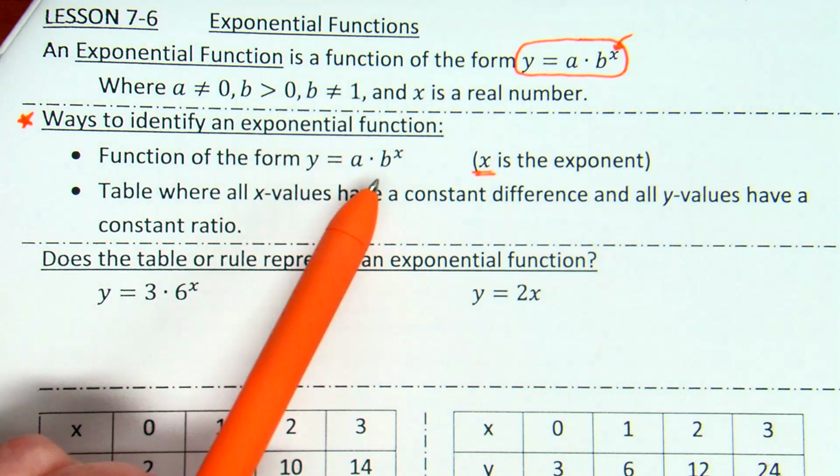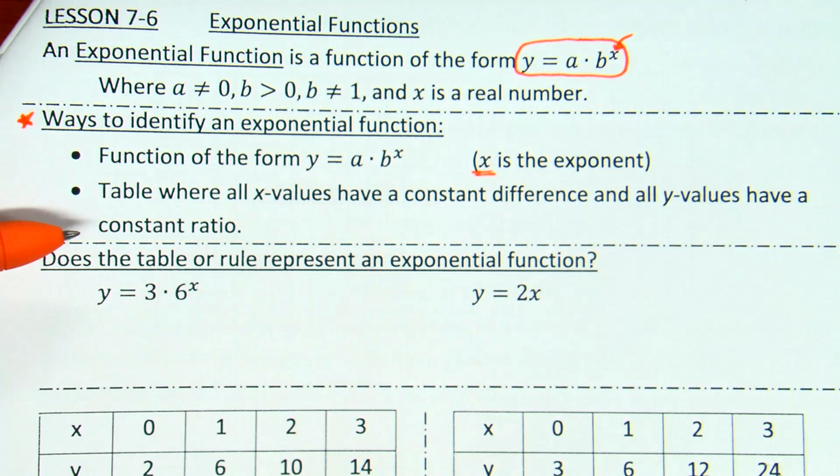If we're looking at a table, or an x-y list of numbers, a table where all x values have a constant difference and y values have a constant ratio. So if x values have a constant difference, that means they have a constant amount added between them.